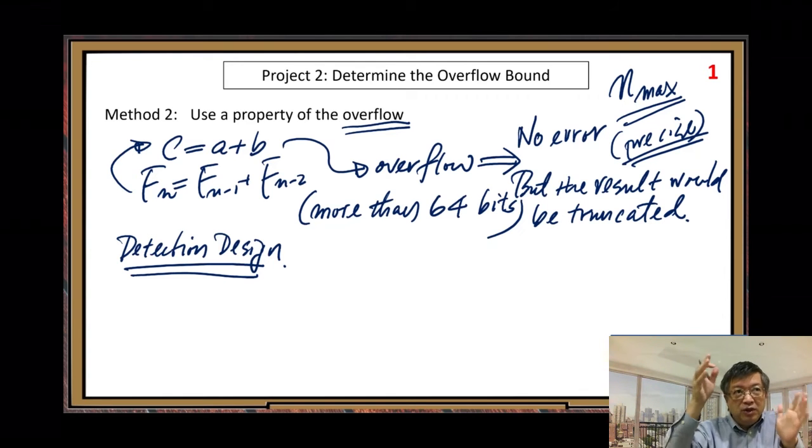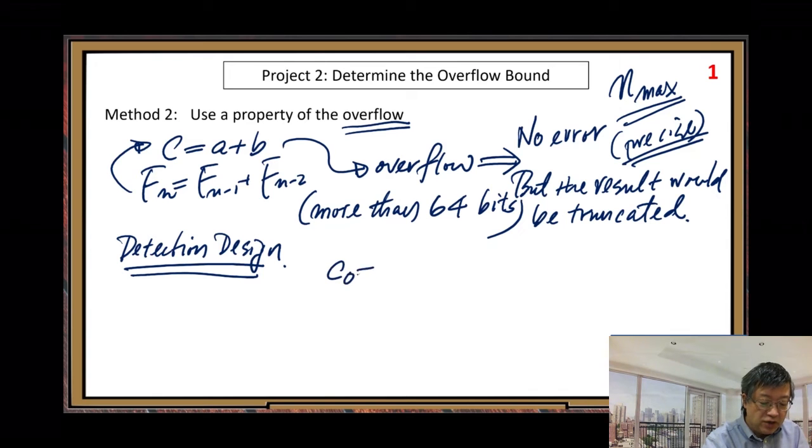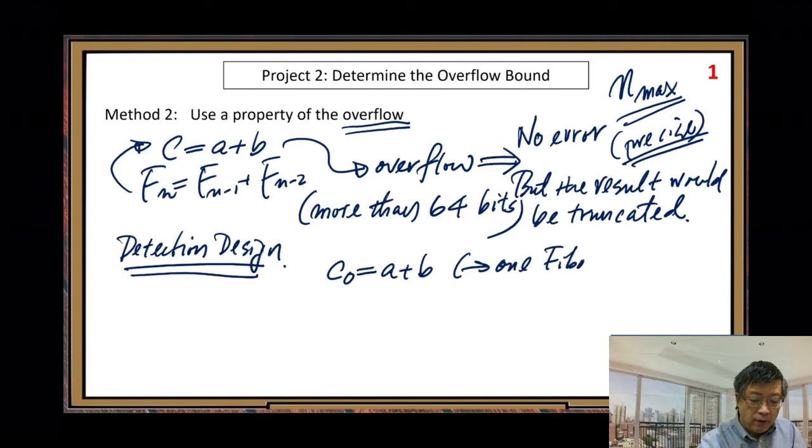Every time after you find a new Fibonacci number, you do detection. Let me write the general detection way. Suppose you have C0 equals A plus B. This corresponds to one Fibonacci number calculation.